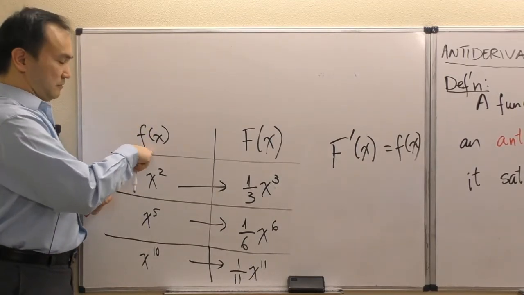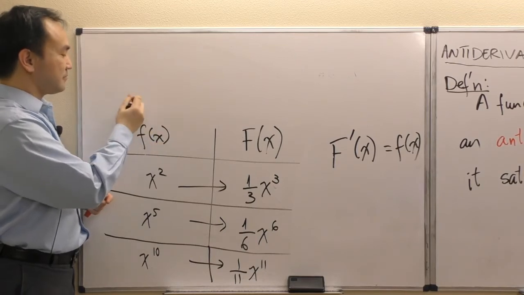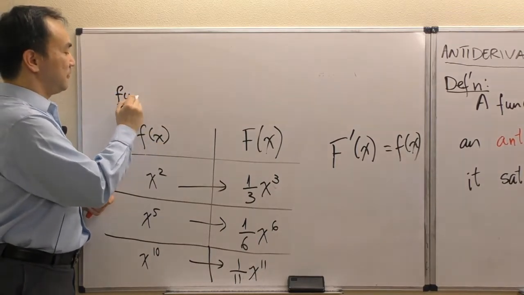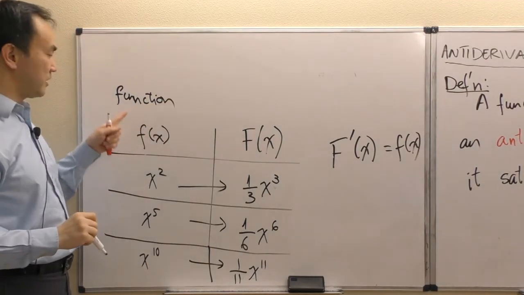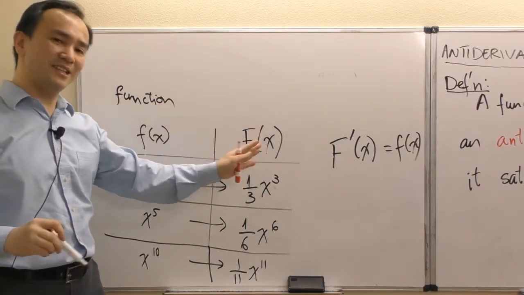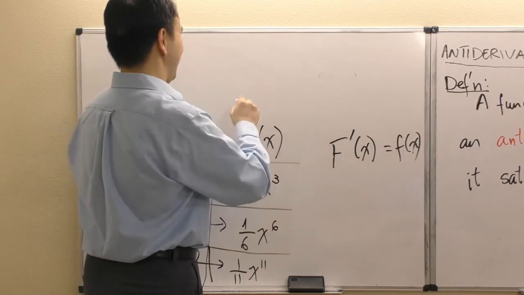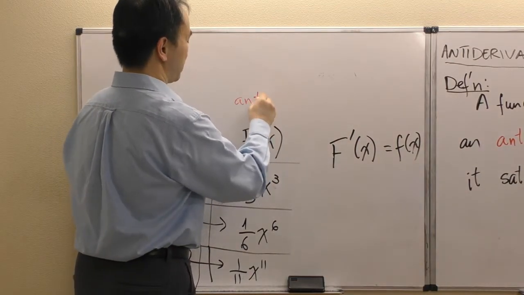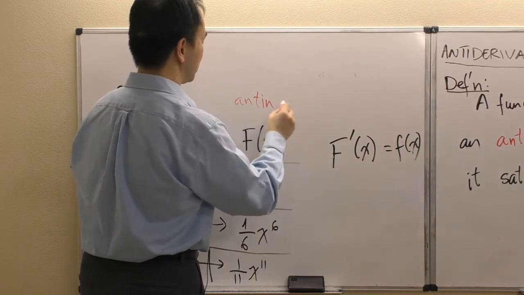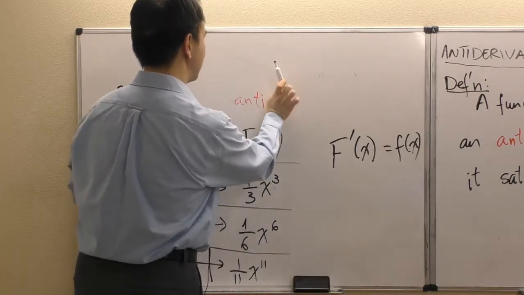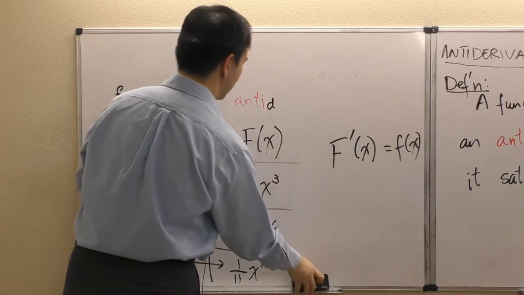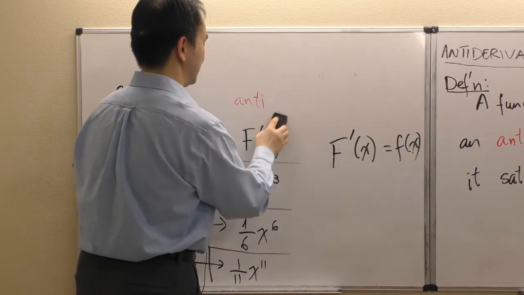Okay, and so now this is what we do. If this is the function, the ordinary beginning function, then any of these on the right-hand side column is an antiderivative. Oops, I used the wrong coloring.